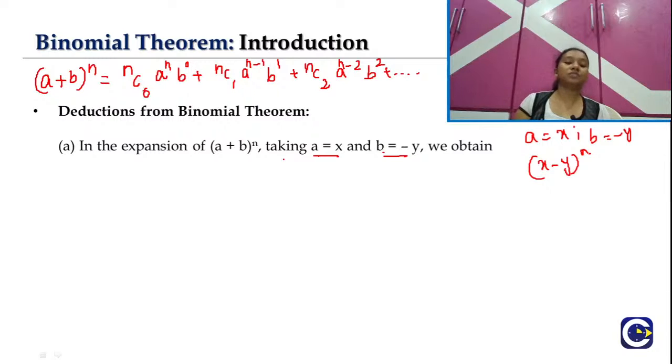So the only thing we have to do is, we have already known this general expansion. In that, the replacement here is a equal to x and b equal to minus y.